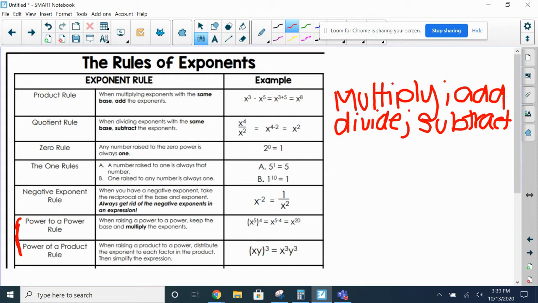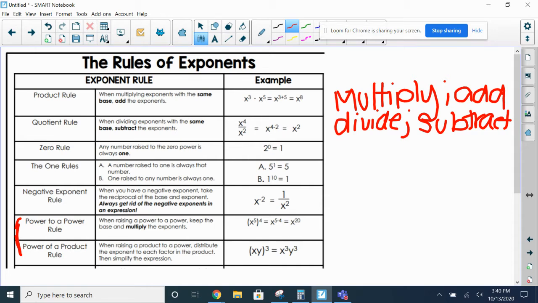Make sure you're only moving those negatives, because if you move a positive, its sign will also switch. It works both ways. If you move a positive from top to bottom or bottom to top, you're going to make it a negative. Anytime you switch an exponent from its location, you switch the sign.